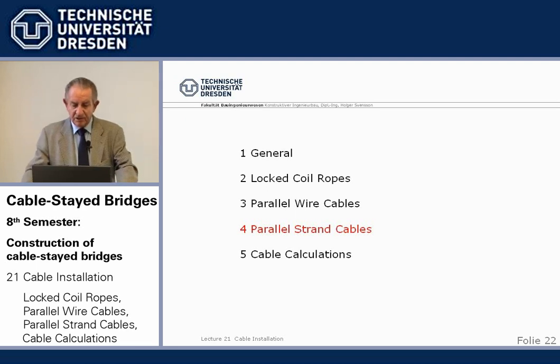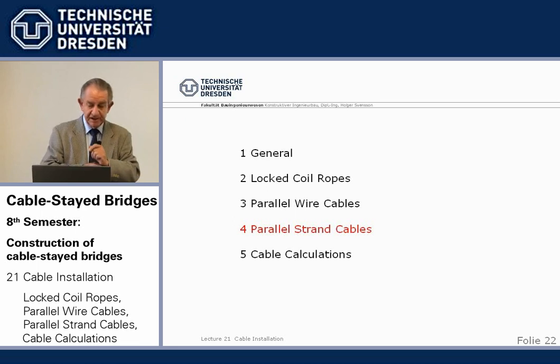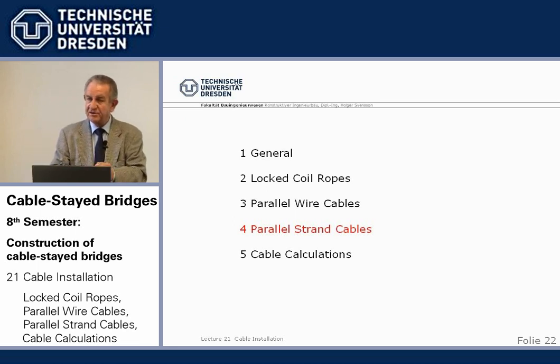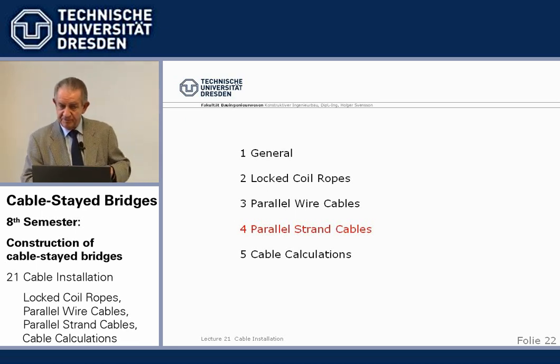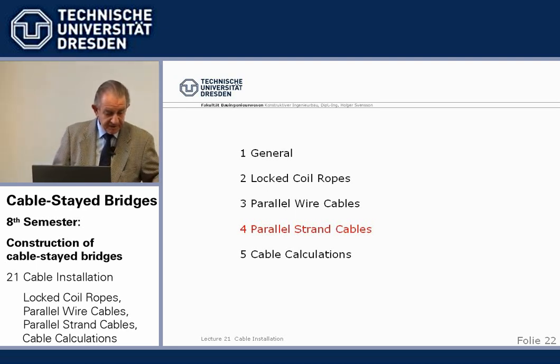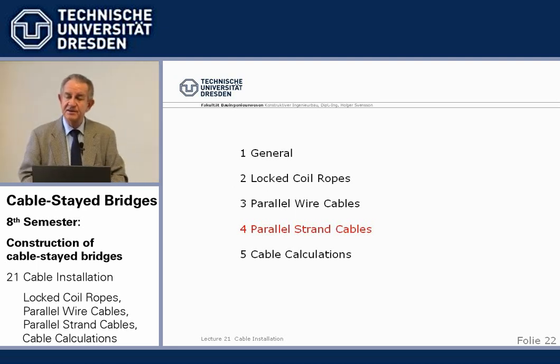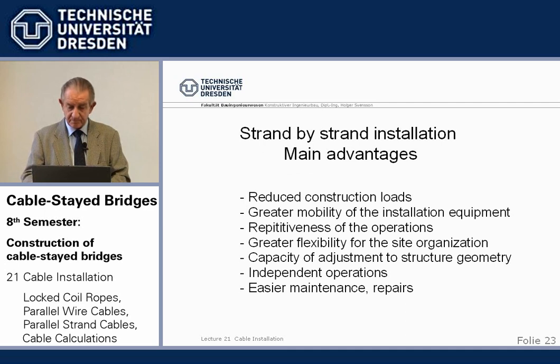Now, completely different installation method is with the parallel strand cables, not shop fabricated, but they come on site in their individual elements. Of course, all the fabricators are in competition.